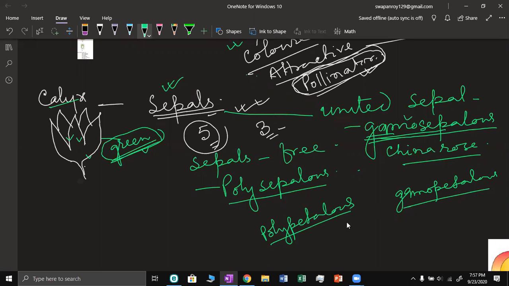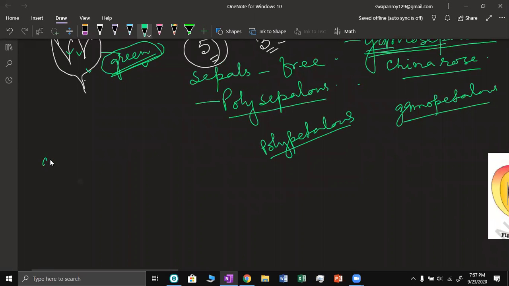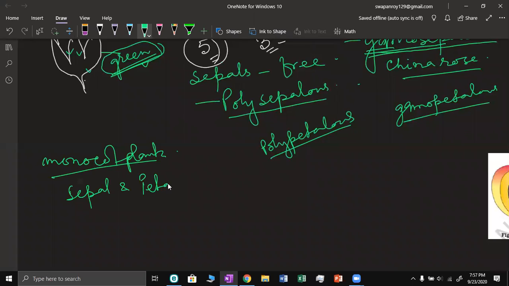In several cases, particularly in case of monocot plants, there is very little difference between sepals and petals. Okay, we cannot differentiate them.